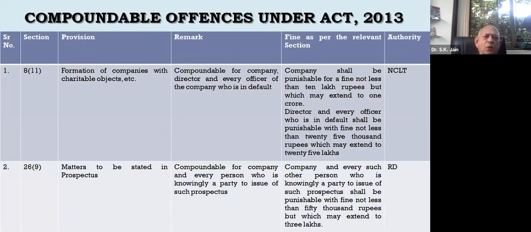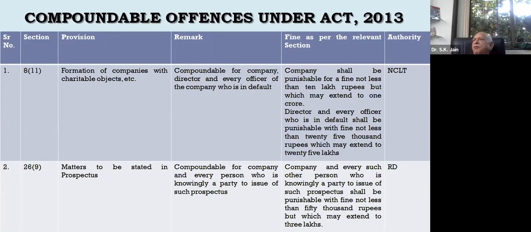Now, after going through all these orders, let us go through which sections provide the word fine or imprisonment or both, and hence compoundable. So the compoundable offence list is narrowing now, because the government over the years has replaced the word fine with penalty.